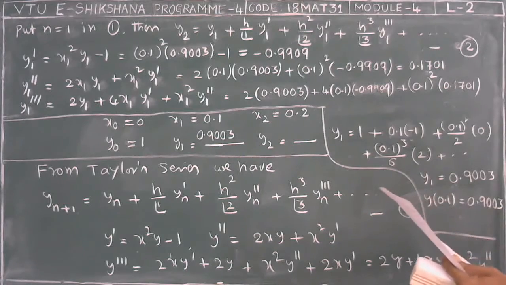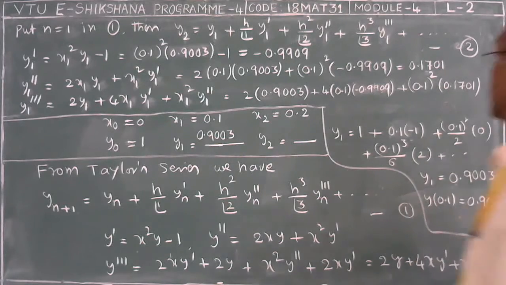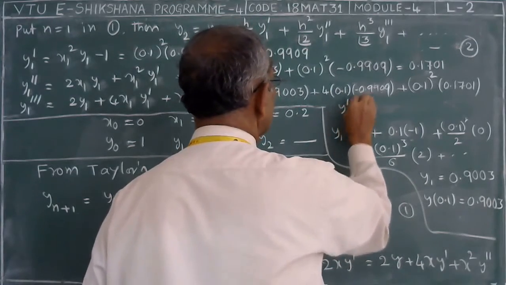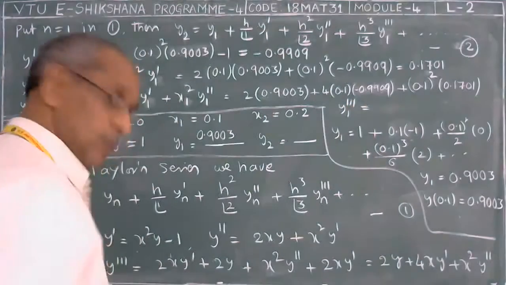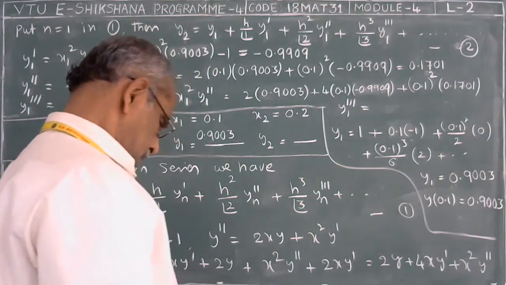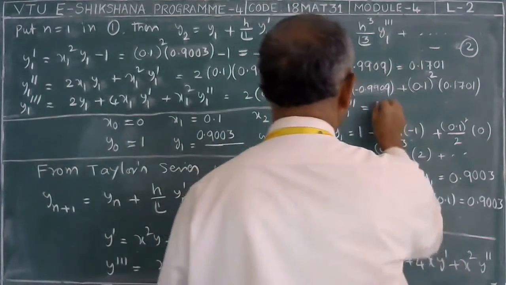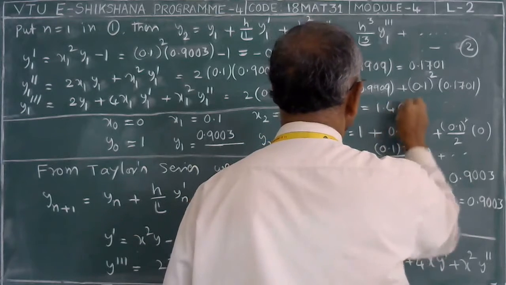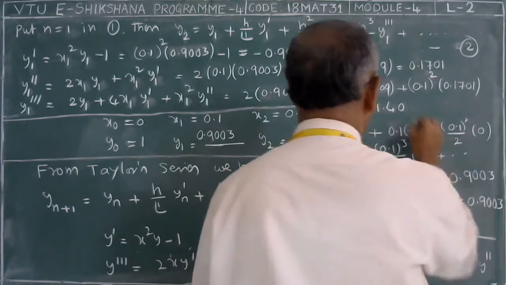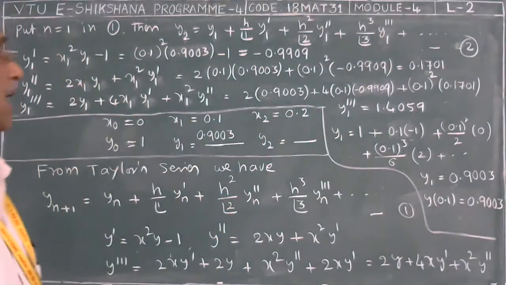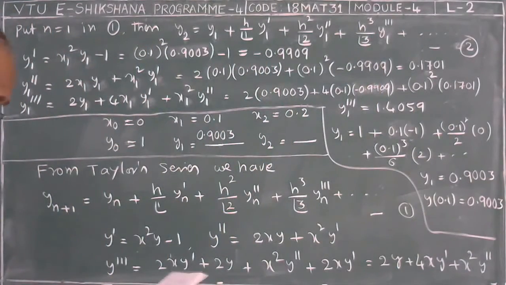Okay, if you carefully compute this, y1 triple dash is equal to 1.4059. So y1 triple dash is 1.4059.